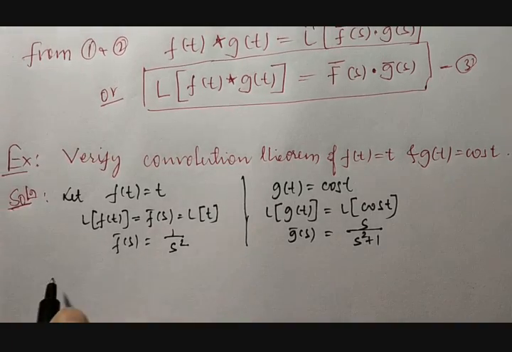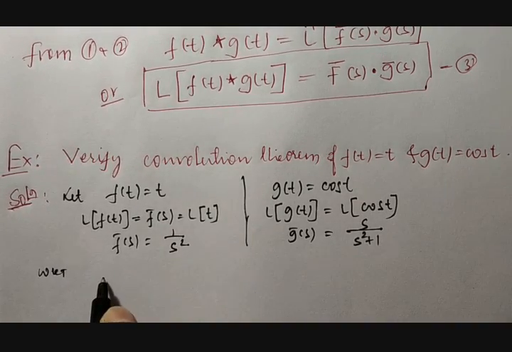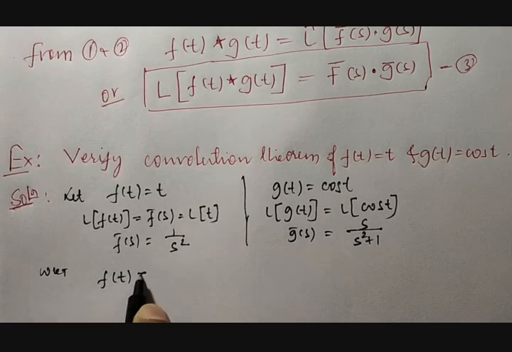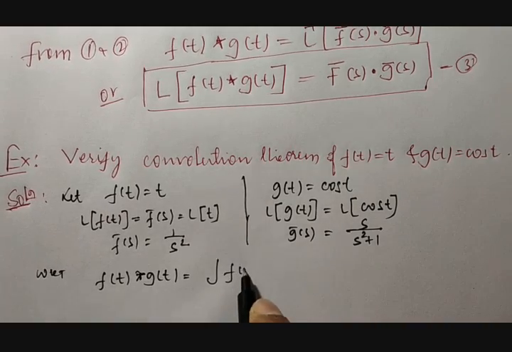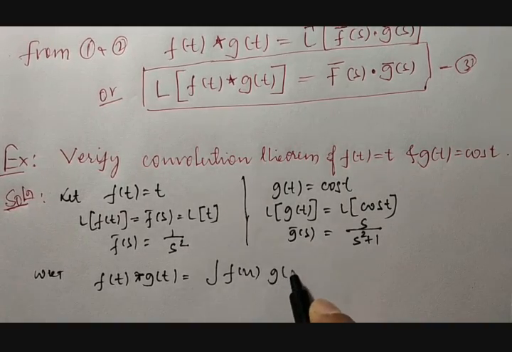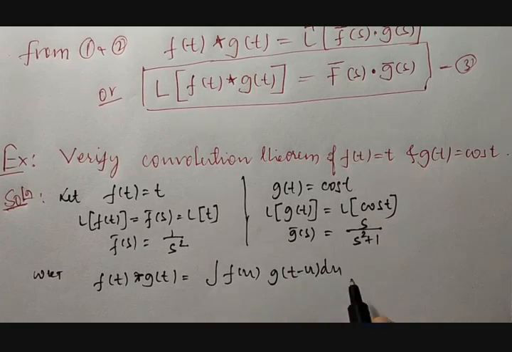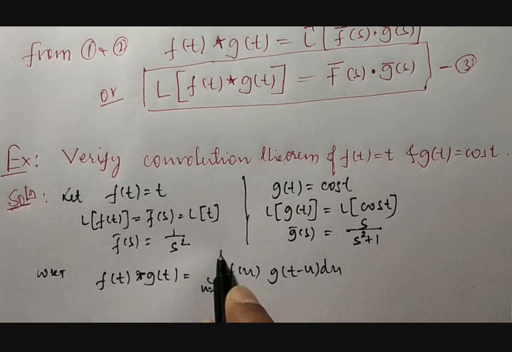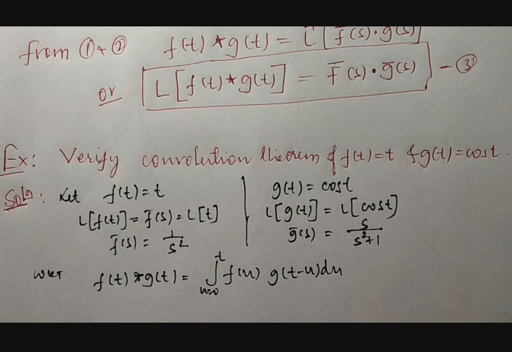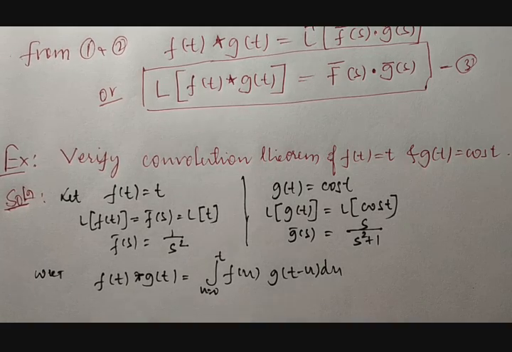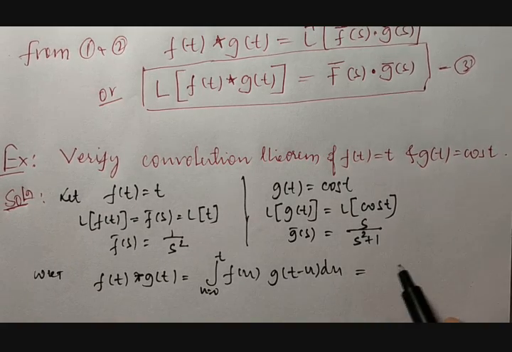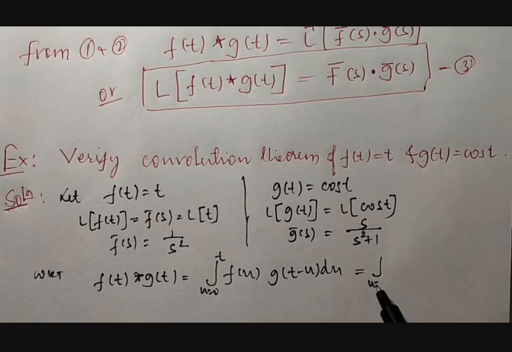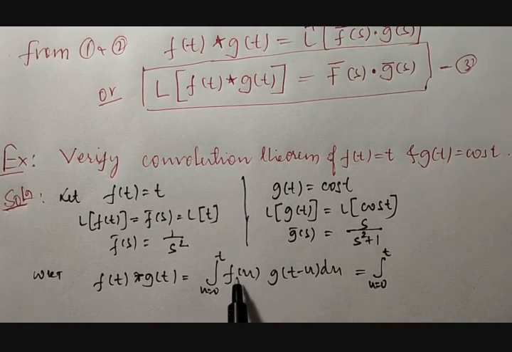Okay, so we know that f of t star g of t is equal to the integration of f of u into g of t minus u with respect to u, where u is between 0 to t. Fine. Here, f of t star g of t is equal to the integration from u equal to 0 to t of f of u.